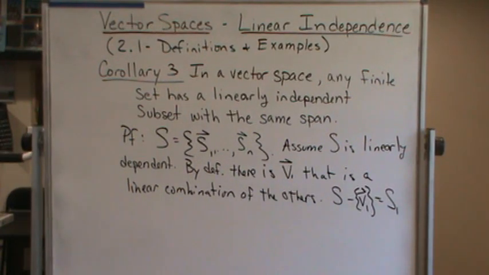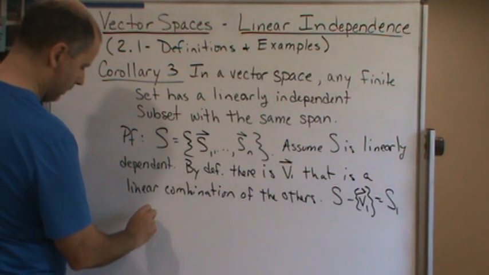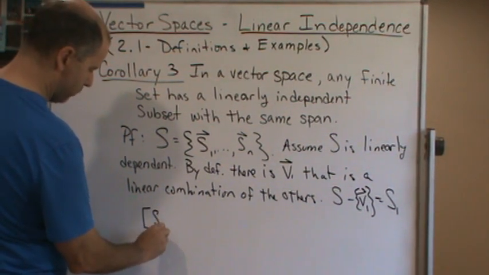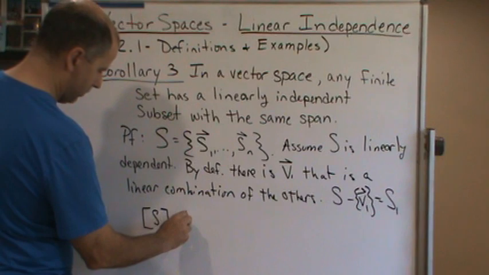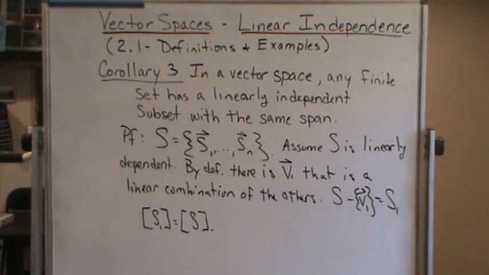So this is a new set. Now by corollary 2 earlier, the span does not shrink, right? So that means the span of S1 is equal to the span of S.